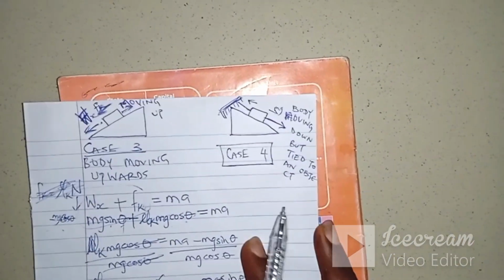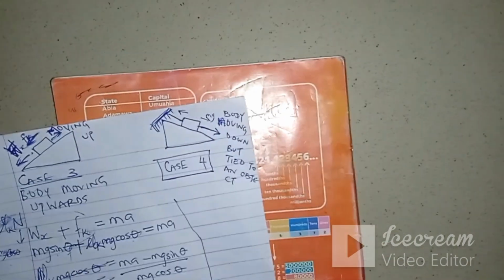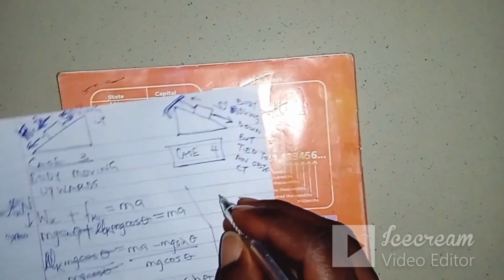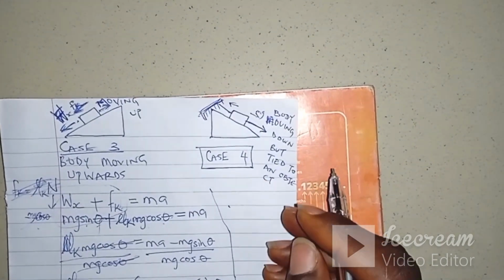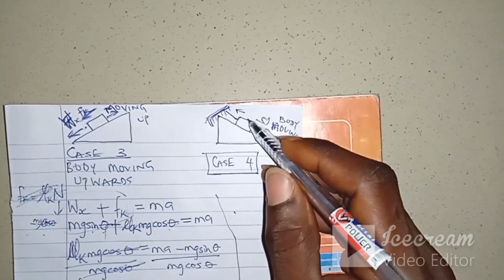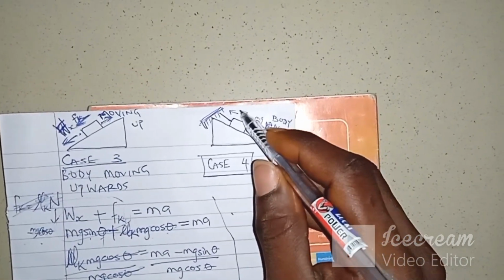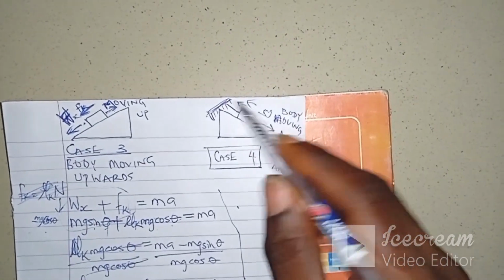So we can see that in this case, the total force on this system, even the friction that is going this way, as it wants to come down, this one will want to go this way.